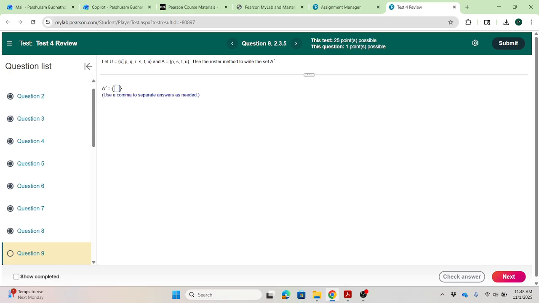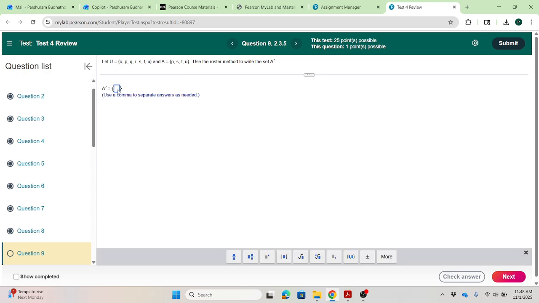Let U be this set. U means everything, universal, and A is PSTU. Use the roster method to write the set A prime. A prime means the complement of A, which means the elements of the set which are not inside A. So O is not inside A, and then comma P is there, Q is not there, so Q is part of that.